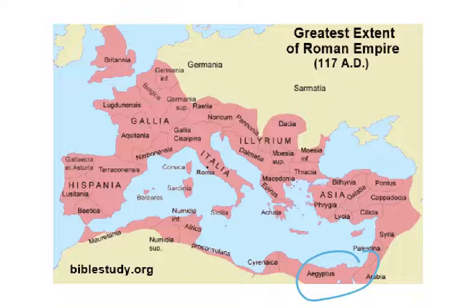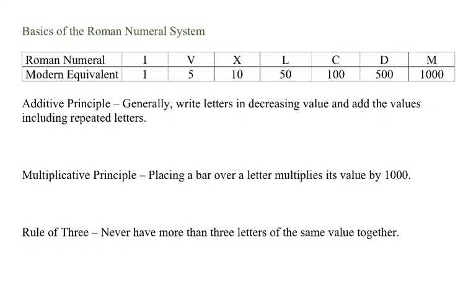Let's take a look at the Roman system. The Roman system is basically, like the Egyptian system, an extension of the tally system, except that different symbols are used to represent larger quantities. So here you see some of the symbols that are used in the Roman system. An I represents the number 1, V represents 5, X represents 10, L represents 50, C represents 100, D represents 500, and M represents 1,000.